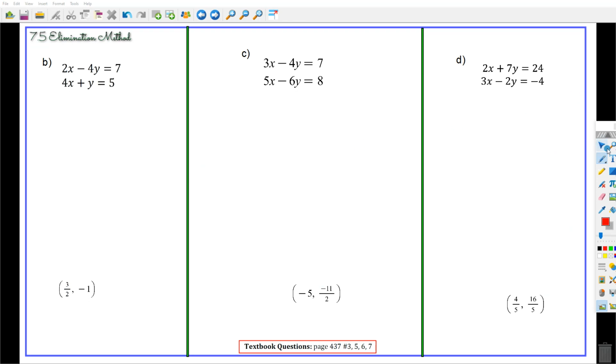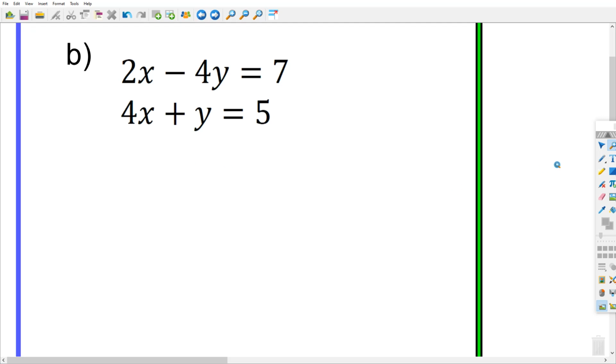So for the first example here, this one has a couple options. The first thing that jumps out to me is that 4 is double 2. So the coefficient in front of the x term is double the coefficient in front of the first one. In this case, our lowest common multiple between 2 and 4 is 4. So what we could do is take equation 1 and multiply it by minus 2.